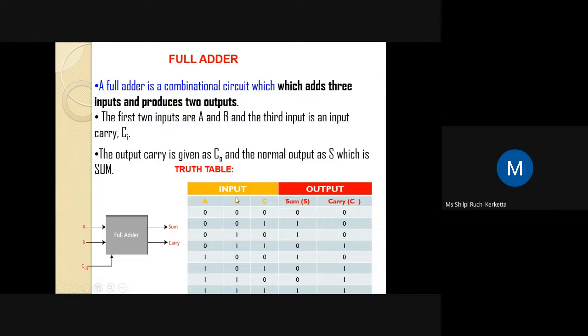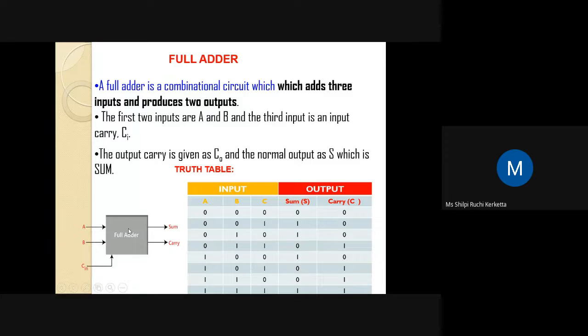With this full adder you can add one-bit numbers. So this A and B are one bit only.